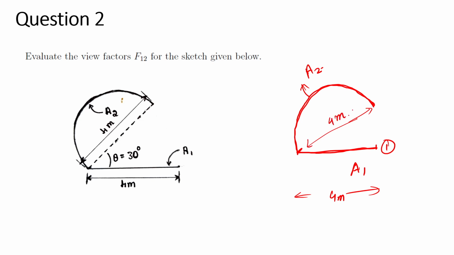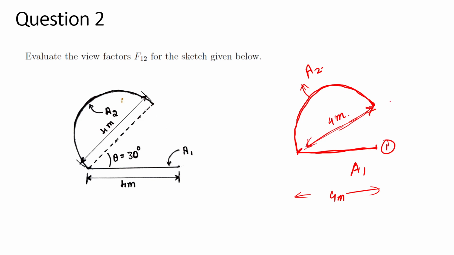This again has a diameter of 4 meter. Now we can see that whatever radiation will leave this curved surface, it will always pass through this area of diameter 4 meter.